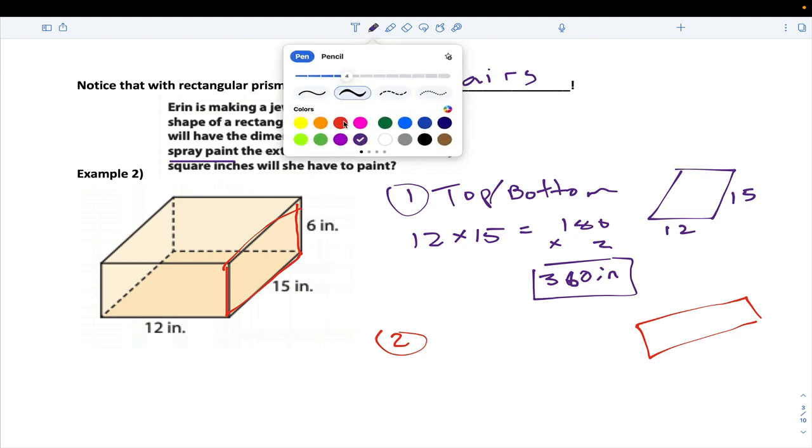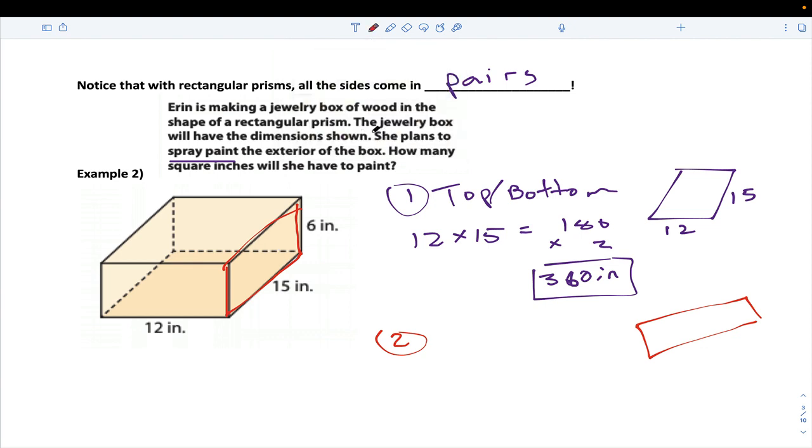Talk to your partner, 10 seconds. What numbers are you going to use for this side? Go. I think 15 is good. You got it. 5, 4, 3, 2, 1. Baylor, what numbers would you like to use? 6. And 15. You got it. 15 times 6, plug it in. What's your answer?